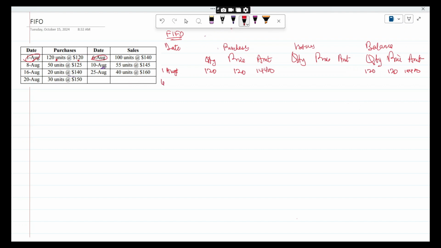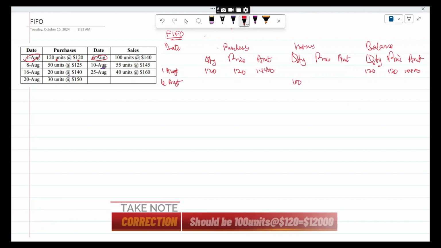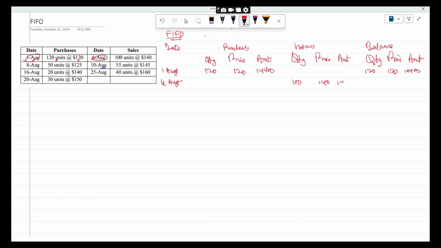So 6th of August, we have sales of 100 units at 140. So that will give us 14,000. Okay. So 100 units times 140. So that is 14,000.